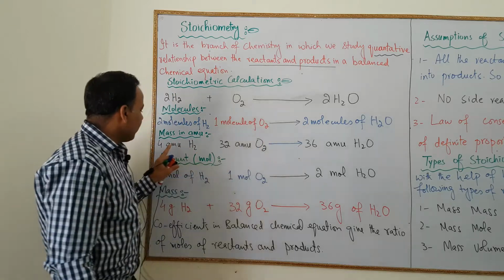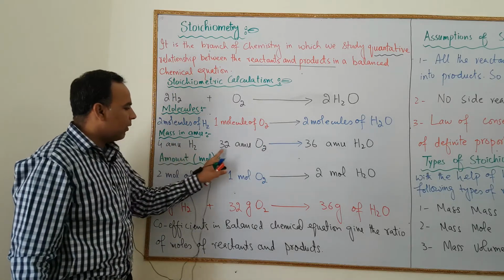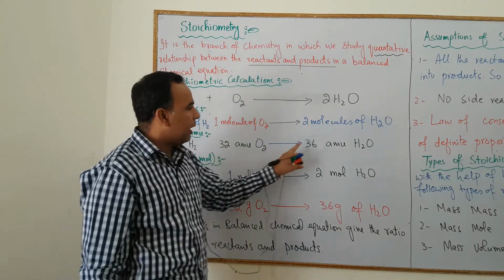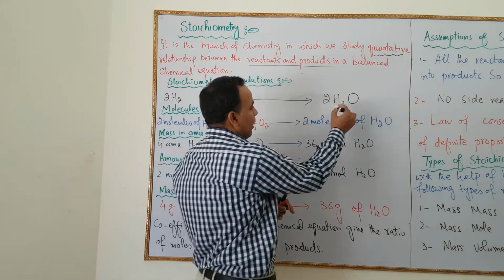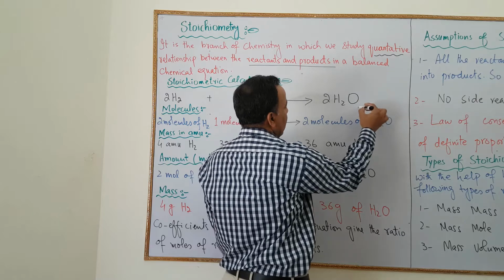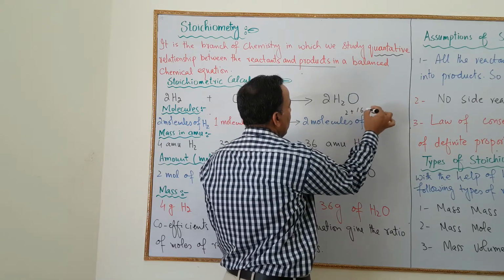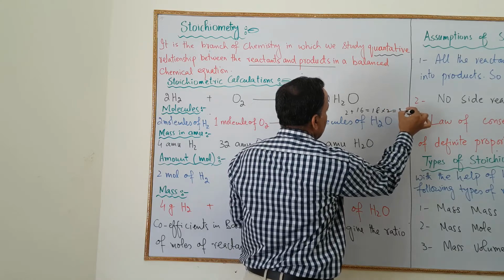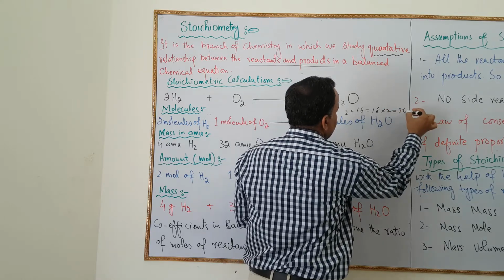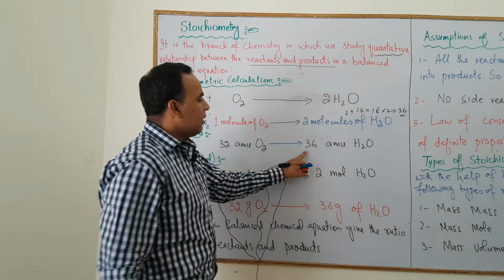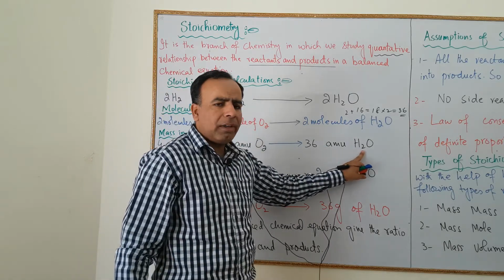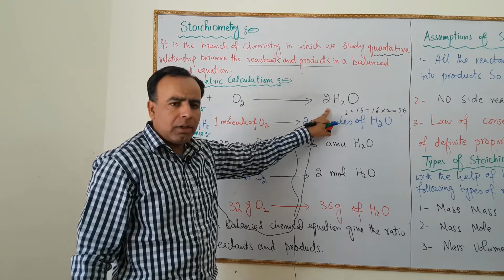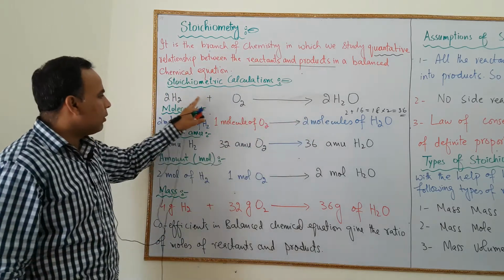Now when 4 AMU hydrogen reacts with 32 AMU of oxygen, what will happen? Water is 16 plus 2, total 18, multiplied by 2 is equal to 36. Now 36 AMU of water will be produced.